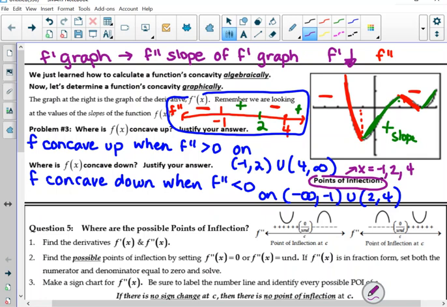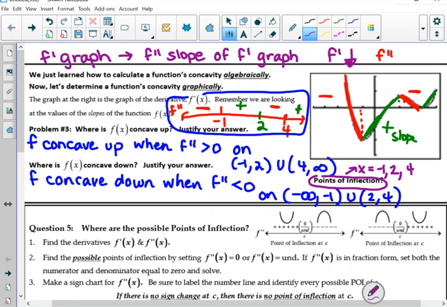It's really hard because you might be looking at this picture and saying, well, I don't see inflection at -1. That's right. You don't see inflection at -1 because you're not looking at F. If we were looking at the F graph, we would see the inflection at -1.